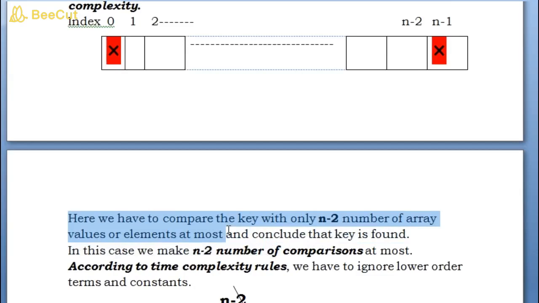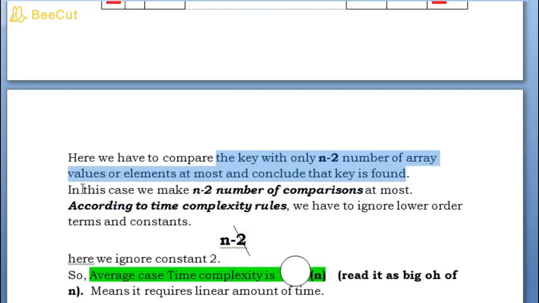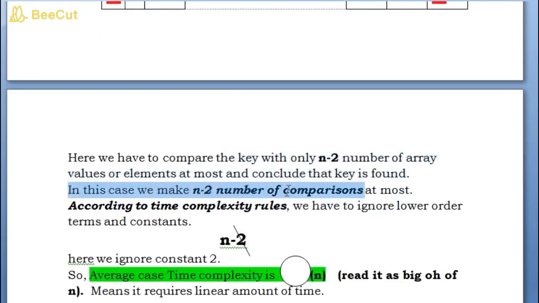Just carefully observe. We have to compare the key with only n minus 2 array values at most and conclude that the key is found. So in this case we make n minus 2 number of comparisons, because only n minus 2 values should be considered in the average case.